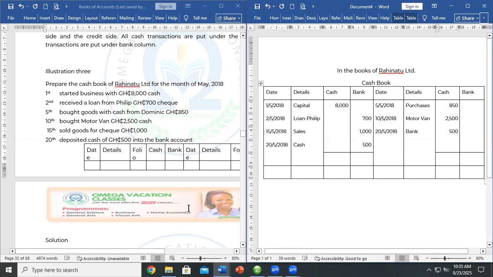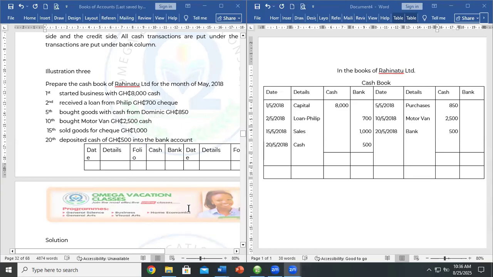Okay, I think there are a few questions here. Somebody is asking, "Sir, please, I've always wanted to ask, as we move forward and mature, do we balance off accounts without us being told as a norm?" For the purposes of exams, you only pay attention to the requirement of the question.